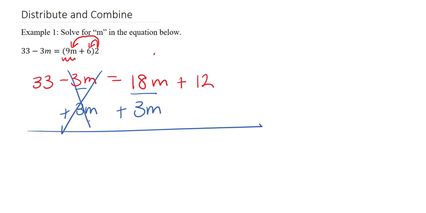So on the left hand side, I just bring down the 33 plus 0 is equal to 18m plus 3m. So 18m plus 3m is 21m, and then just plus 12. So that stays the same.